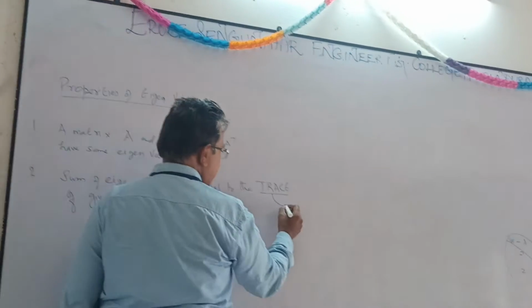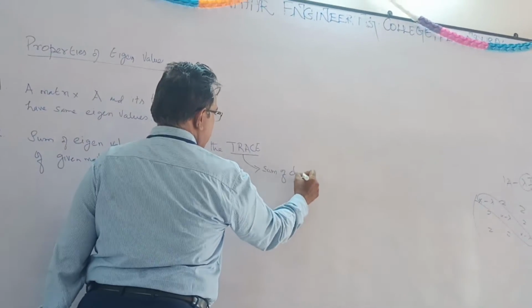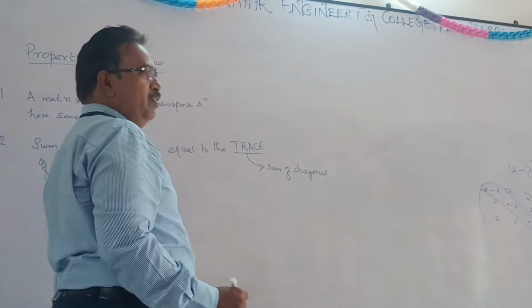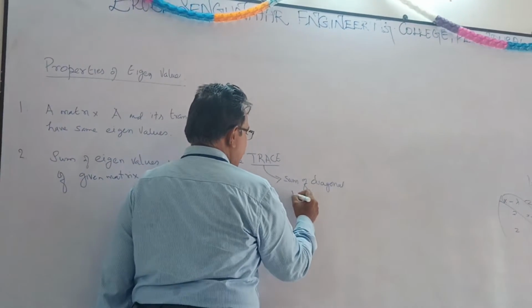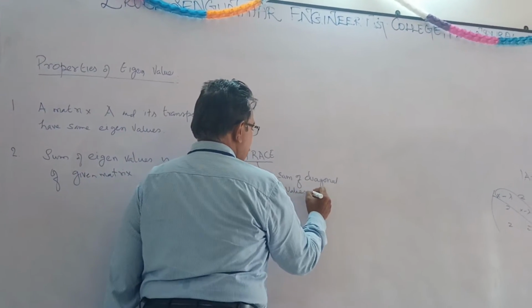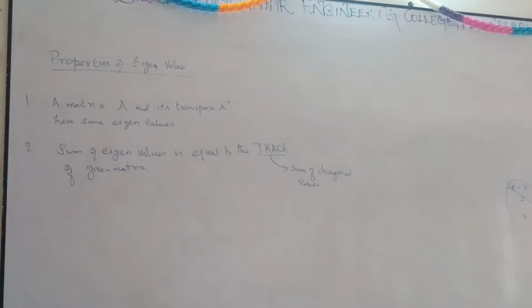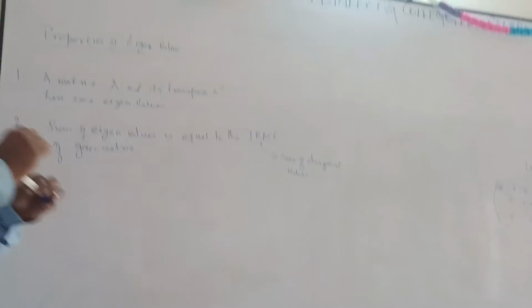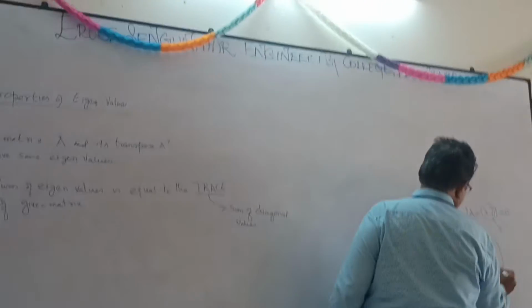Trace is the sum of the diagonal, the leading diagonal elements. If you add all the eigenvalues, the sum will be equal to the trace.